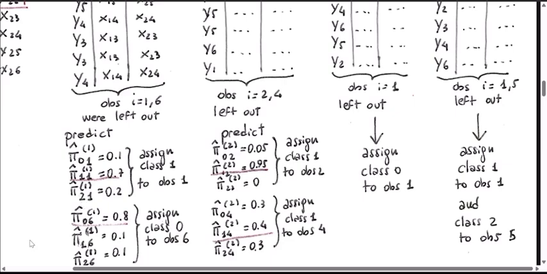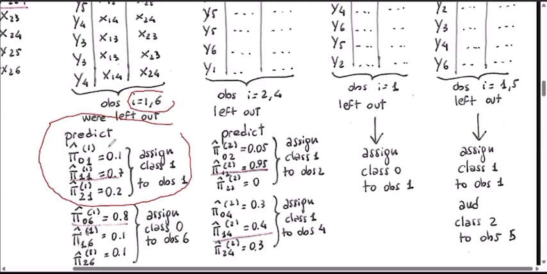Now pay attention to what I want to do here. Take a look at this guy here. There are 2 observations that are left out, observation 1 and 6. I want to compute the posterior probability so that I'm going to assign the missing observation to a class, based on the maximum majority rule.